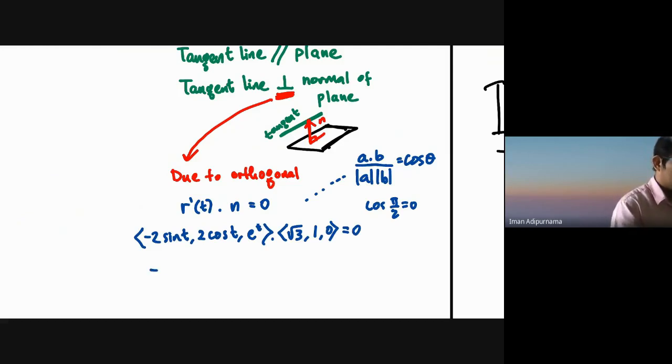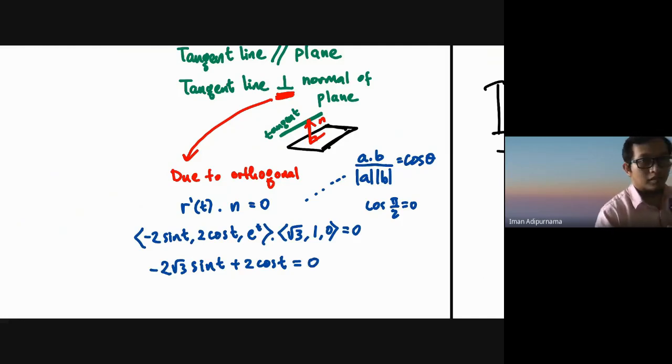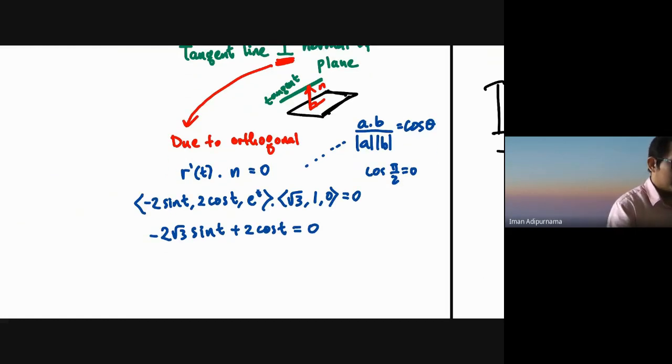Now we have -2 square root of 3 sine t plus 2 cos t equals 0. Now we can solve this and find the relations between the t, right?